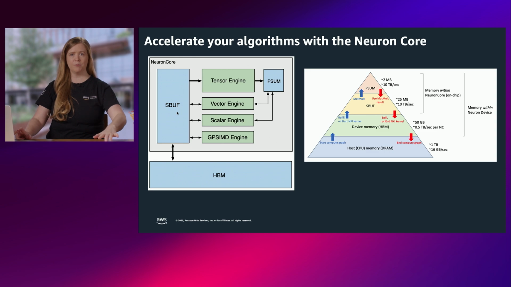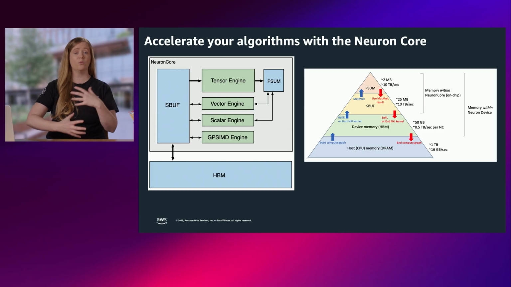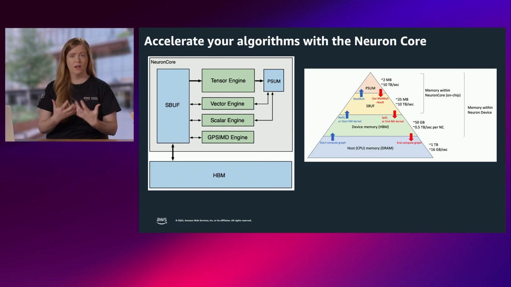SBUF is our on-chip memory cache, a local memory scratch pad, essentially, that you can manage through NKI. So when you're developing a NKI kernel, the core job you're taking on is managing that on-chip memory cache.